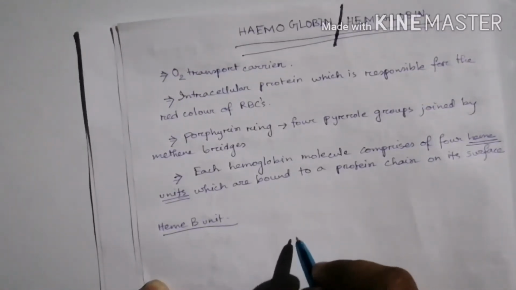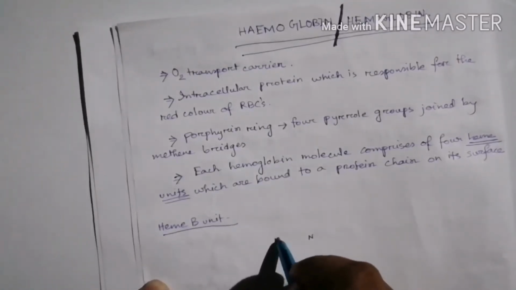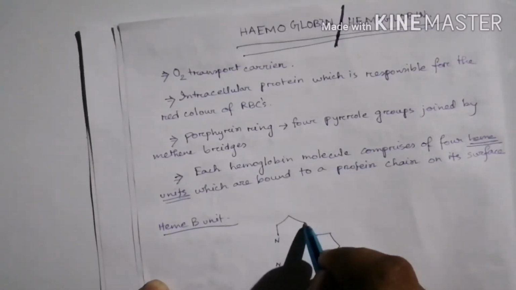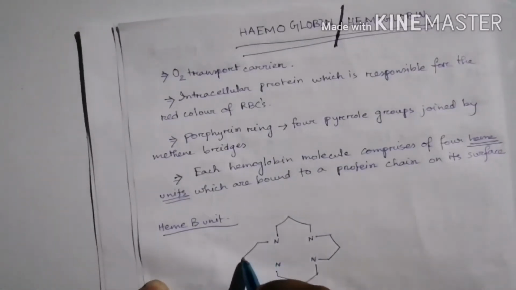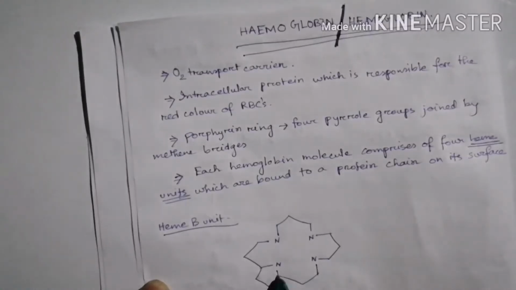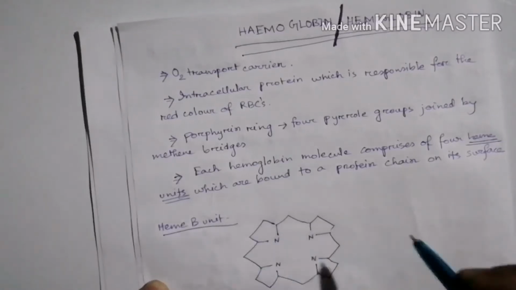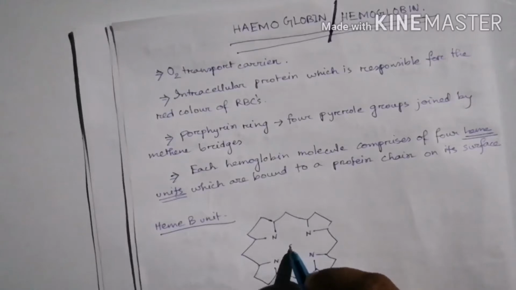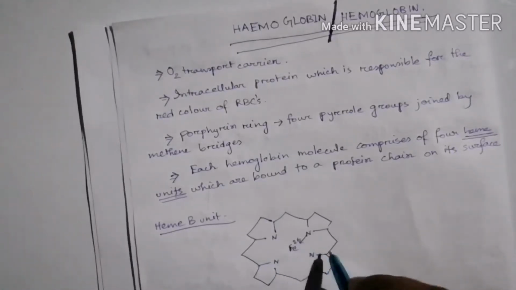If you draw the structure of the heme B unit, nitrogen, nitrogen, nitrogen, nitrogen, and there will be the ferrous ion coordinated to the 4 pyrrole groups.